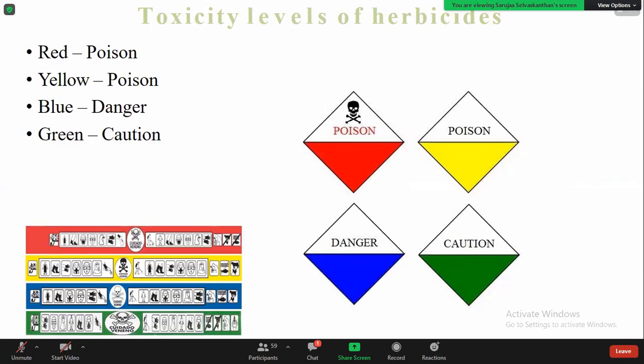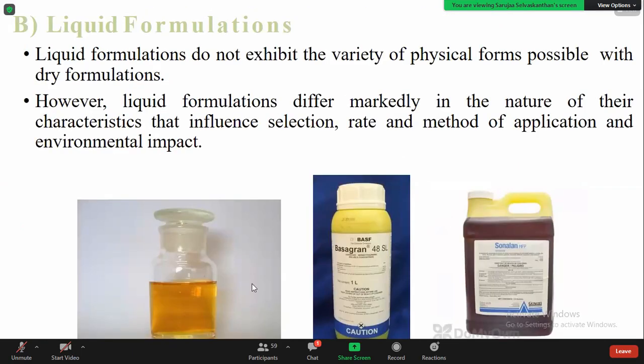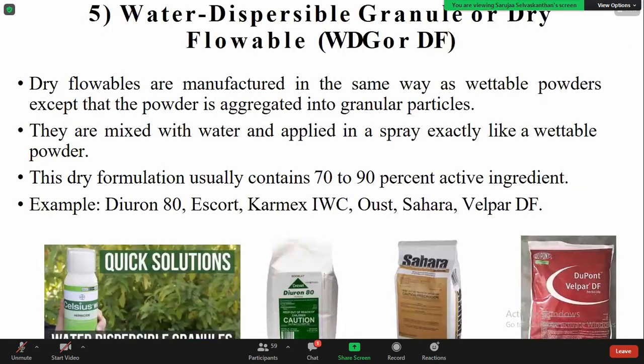Here also it is mentioned, but not any color. Sorry, here there is some blue color. They mention the toxicity level.